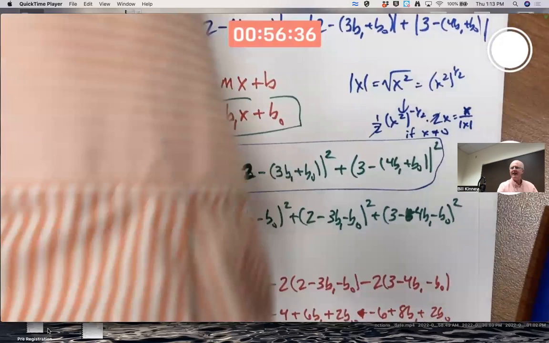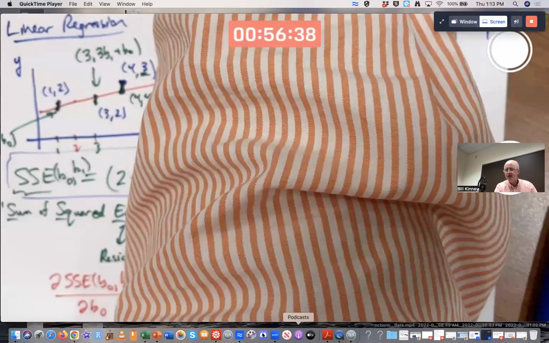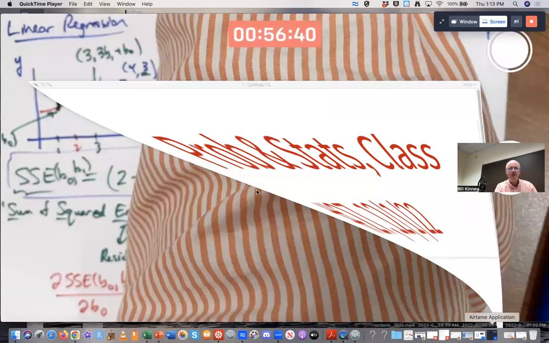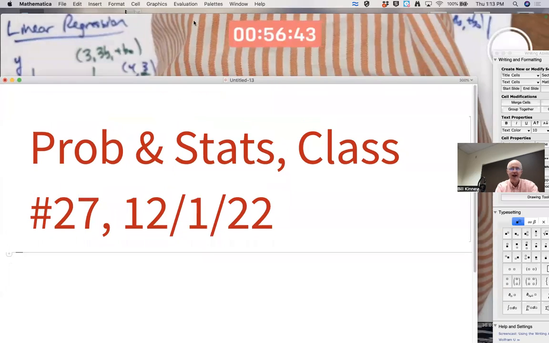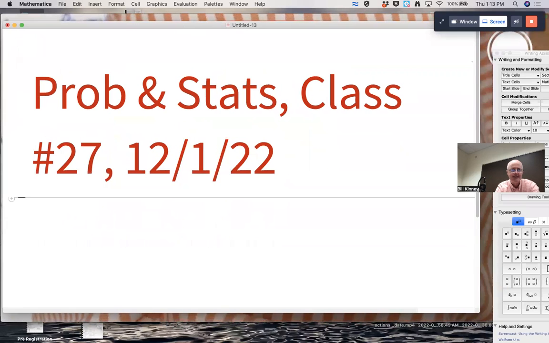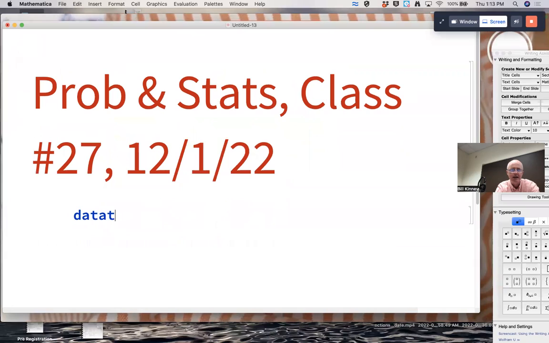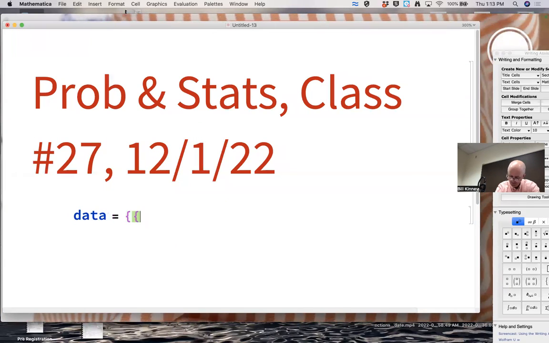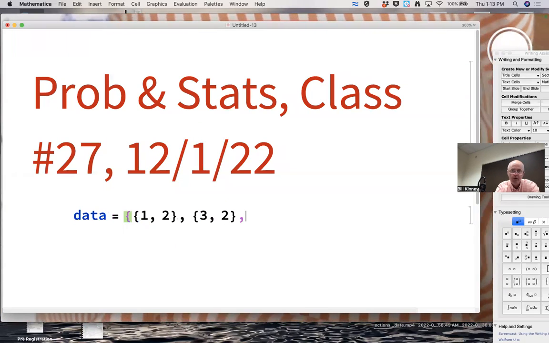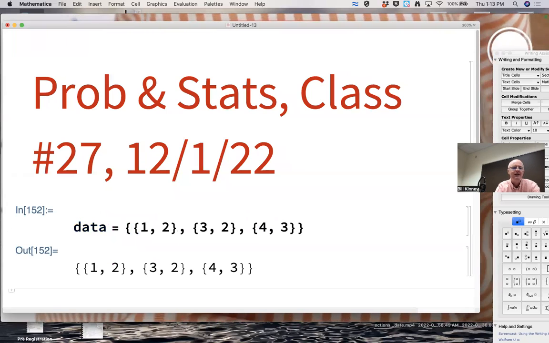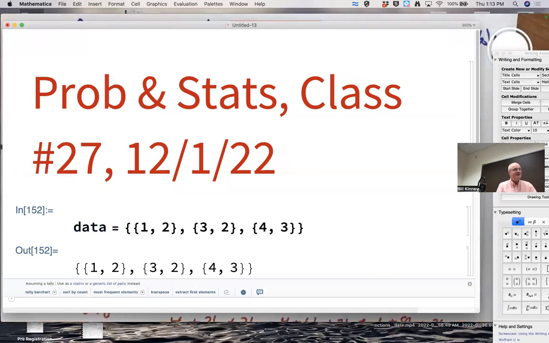How is this done on Mathematica? And how is it done on a spreadsheet? On Mathematica, we could type the data in like this, say data, 1, 2, 3, 2, 4, 3 as a list of lists, a list of points.